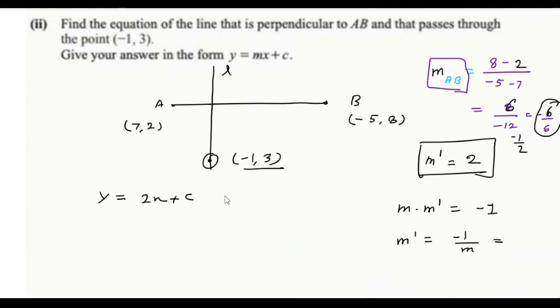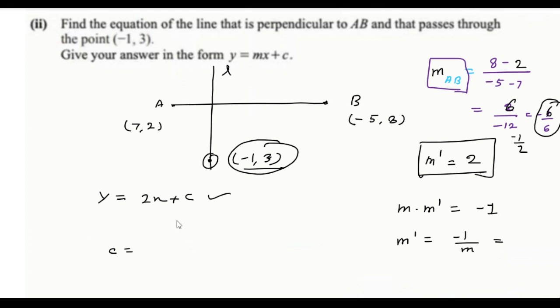And definitely -1, 3 is a point on this line. So I can say that 3 equals minus 2 plus c, because x is minus 1, and 2 times minus 1. The line L is passing through -1, 3, so this point will satisfy this equation. I will replace y with 3, and I will replace x with minus 1.